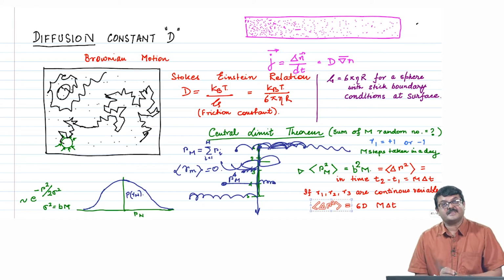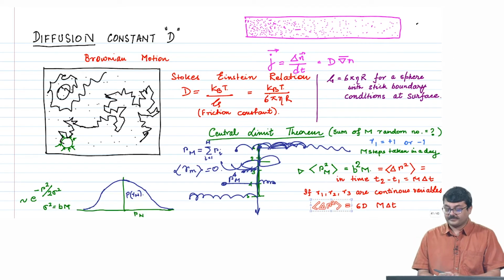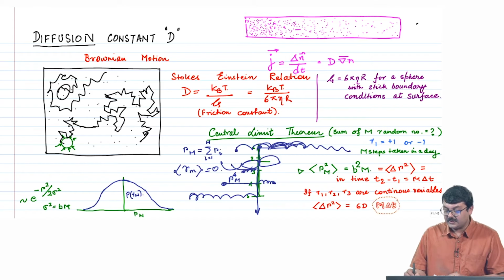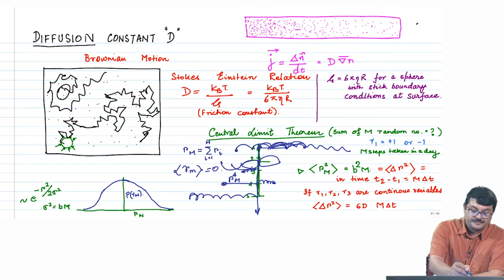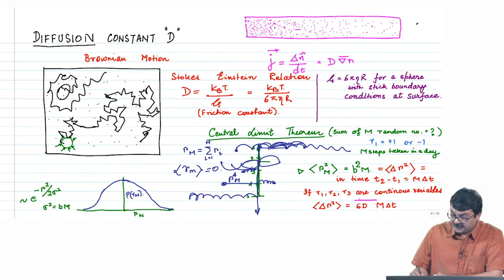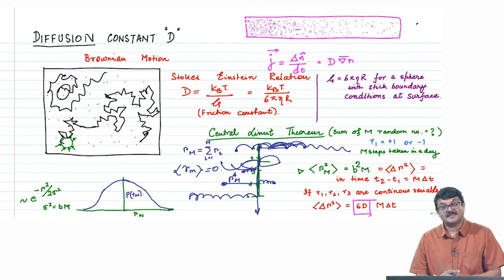And if you take the average, when the particle has moved over very large distances, undergone a large number of collisions, then this quantity will be again proportional to m delta t, which is the amount of time elapsed, and by convention we say the proportionality constant is 6D, D being the diffusion constant.